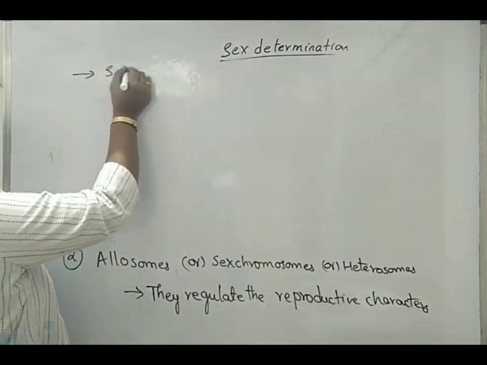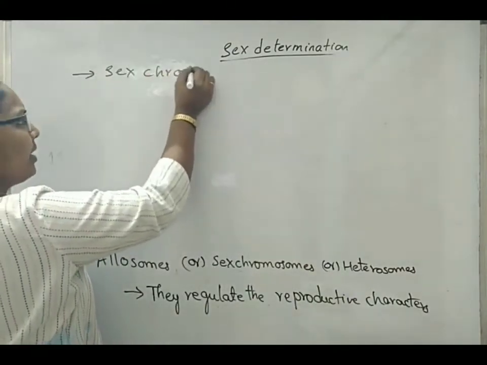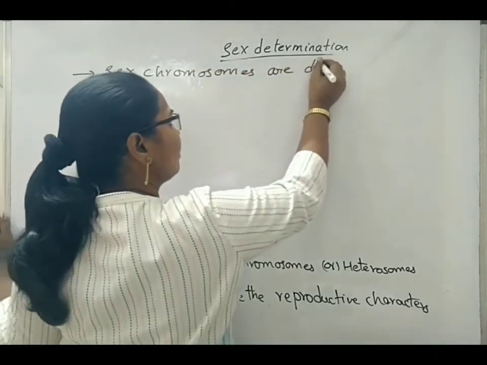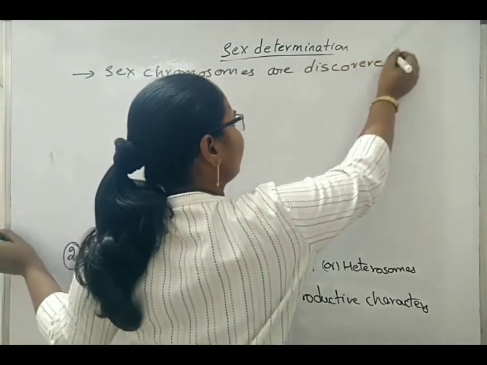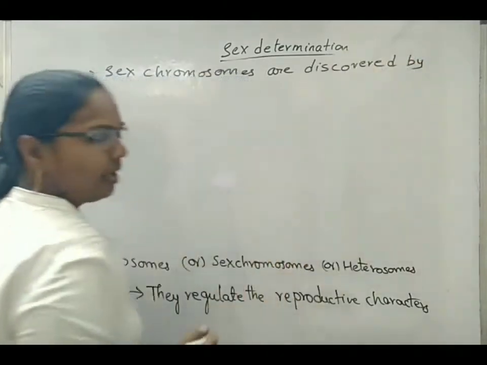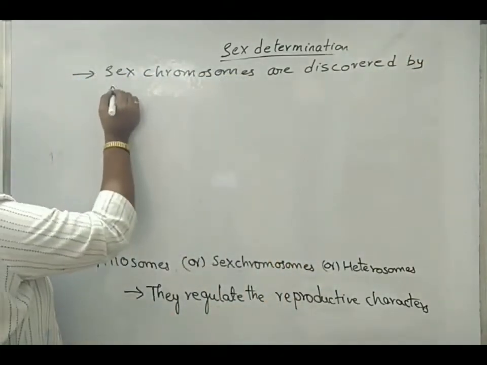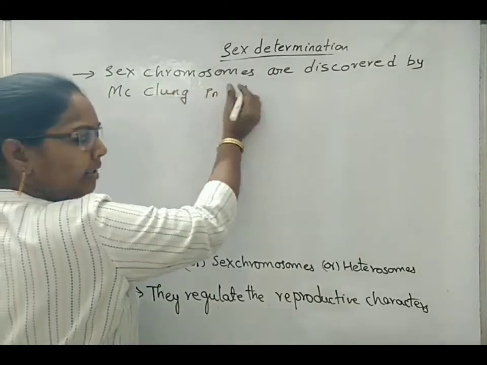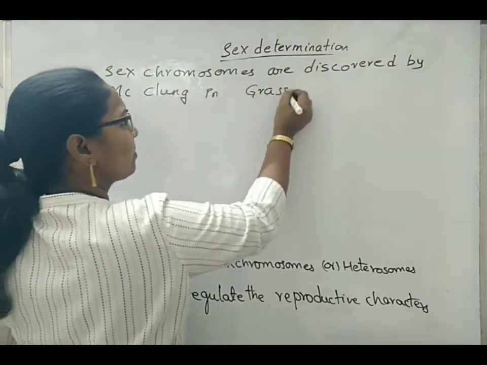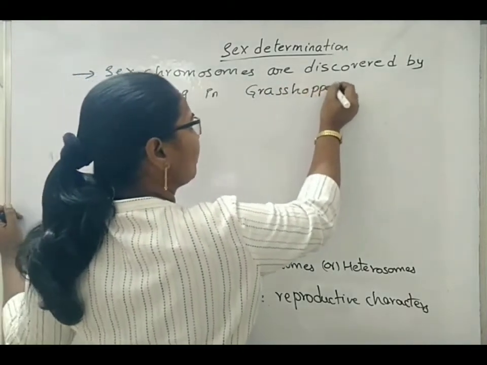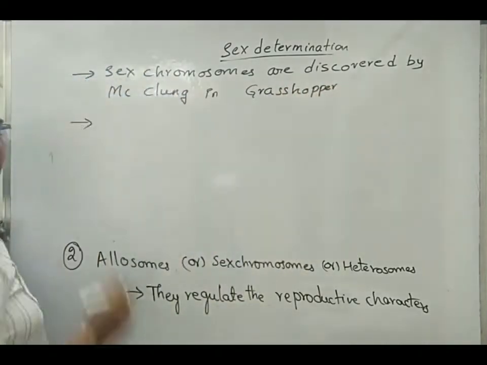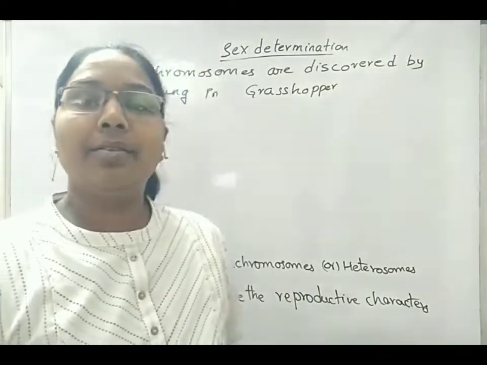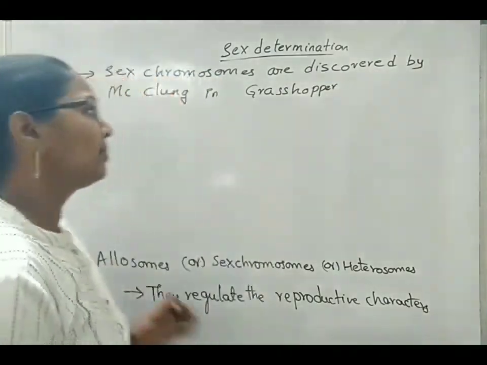Sex chromosomes were discovered by McClung in grasshopper. This is one point. Second, the term allosome or heterosomes was given by Montgomery.